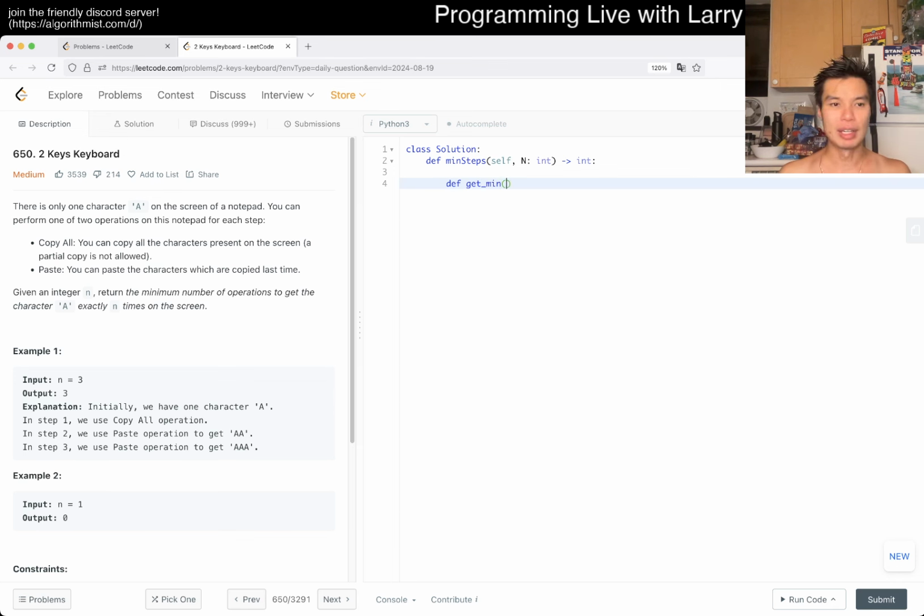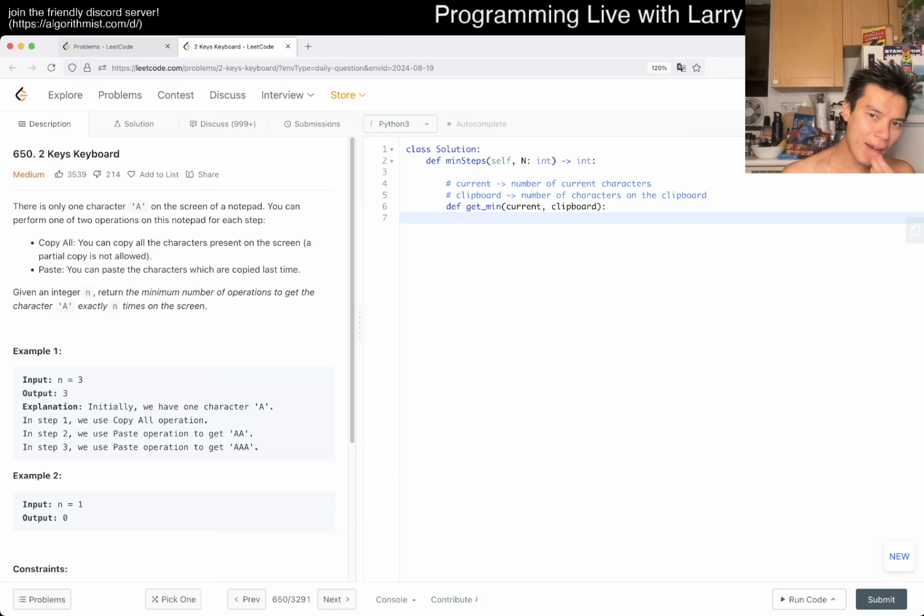So we have the current number of characters and then the clipboard. Current is the number of current characters, and clipboard is just the number of characters on the clipboard.